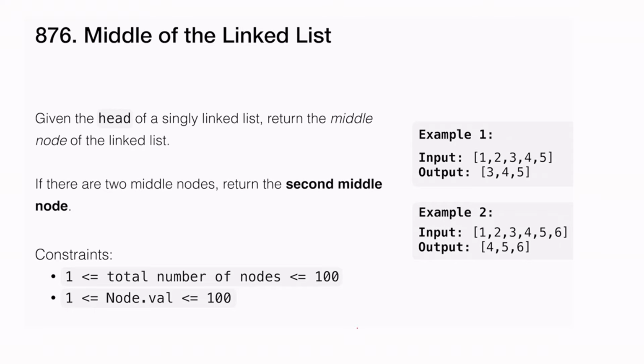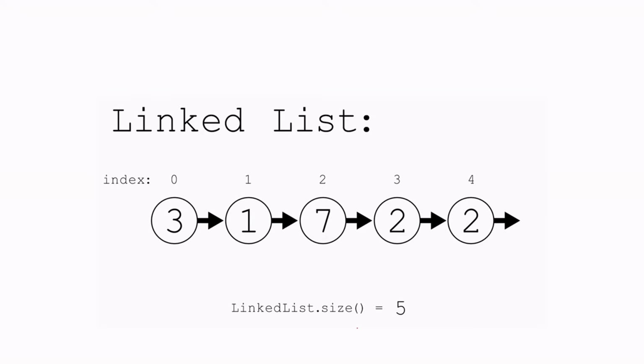Let's understand the question. In the first approach, we take the linked list we have. Checking the linked list, at index 0 we have 3, at 1 we have 1, at 2 we have 7, at index 3 we have 2, and at index 4 we have 2. The indices run from 0 to 4, so the size is 5.